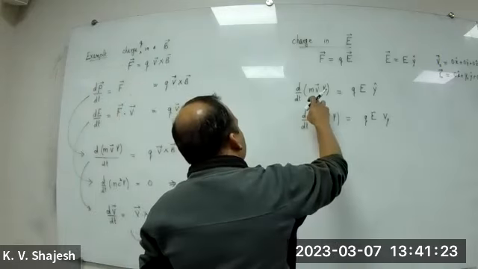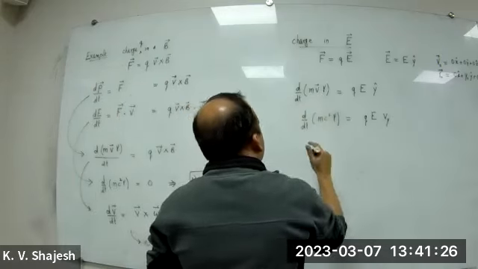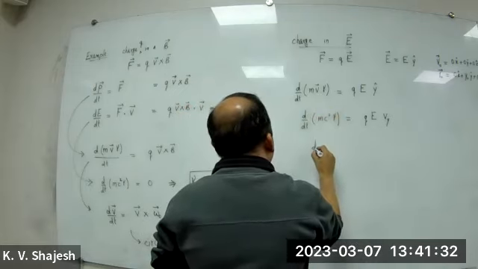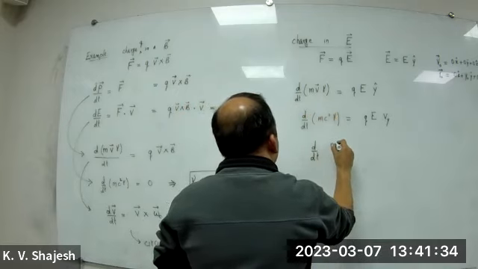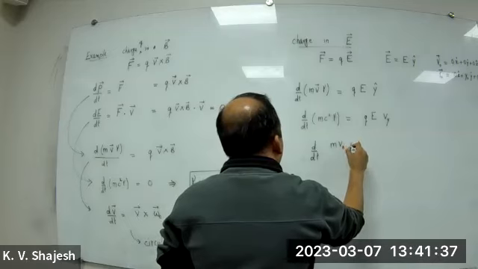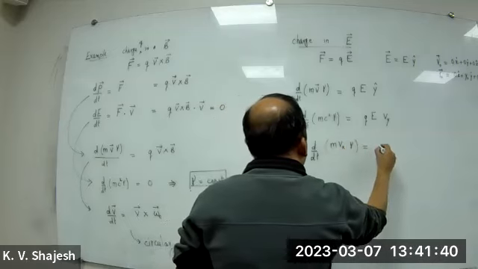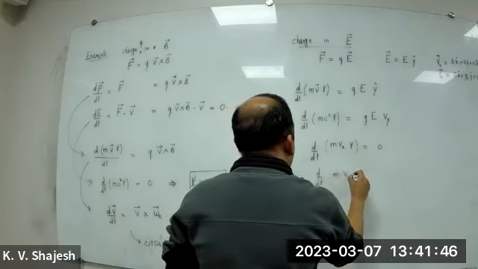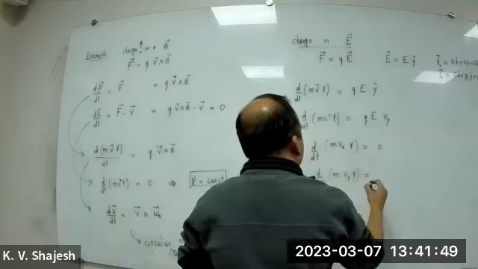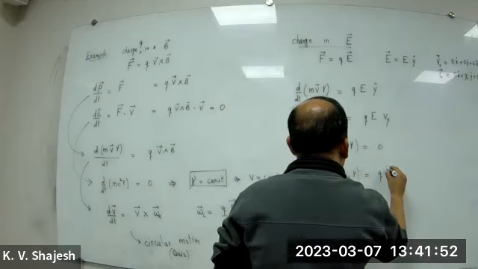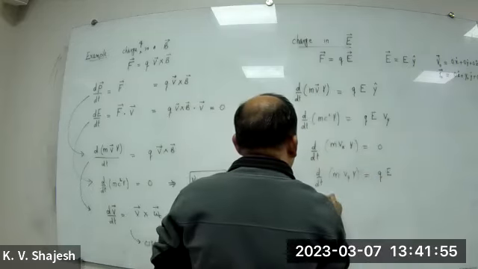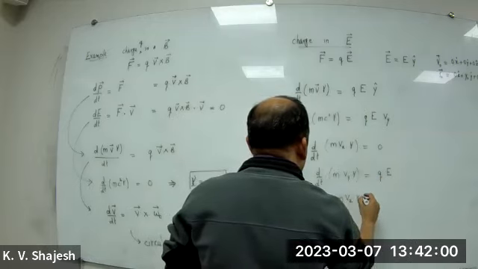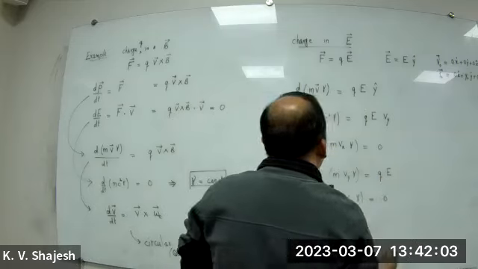Let's explicitly get this. So d by dt of m vx times gamma is equal to 0. d by dt of m vy times gamma is equal to Q times E. And d by dt of m vz times gamma is equal to 0. That's clear?